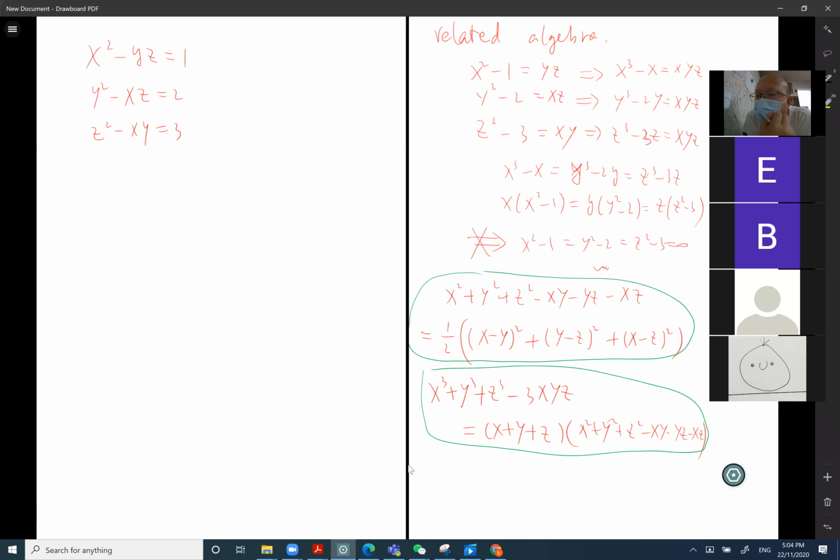Because the idea for solving quadratic or a simultaneous equation is to try to find some relations, you can do substitution. You can do substitution. Okay. For example, if you use equation 1 minus equation 2, what do you have?